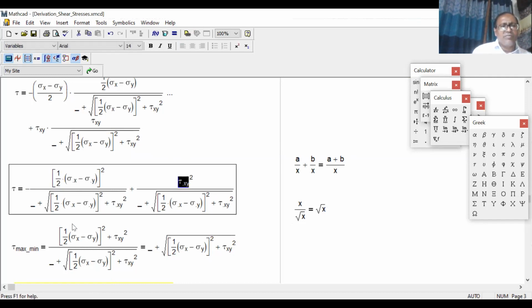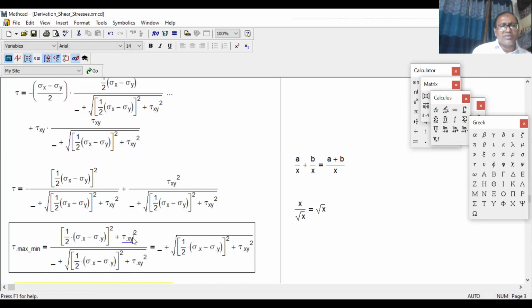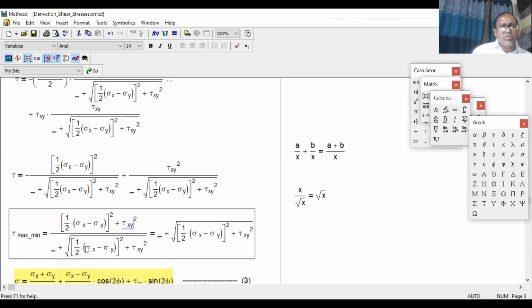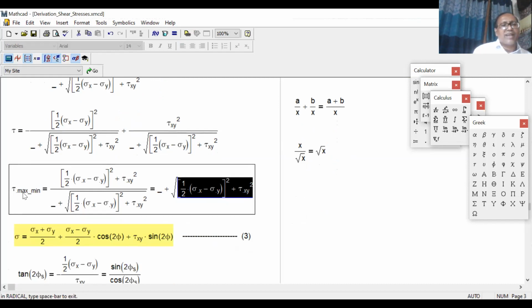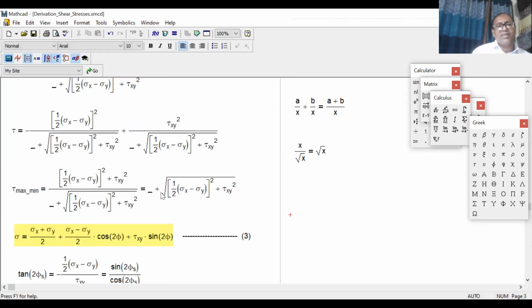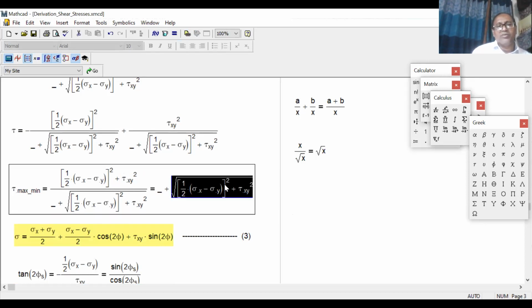So at the top, you're getting a square plus b square. In the bottom, root over a square plus b square. So root over x will cancel, you will get only one term. So this is your tau max, minimum. You see, with plus sign you'll get one value, with minus sign you'll get one value. So that means the same value, just coming with opposite sign.